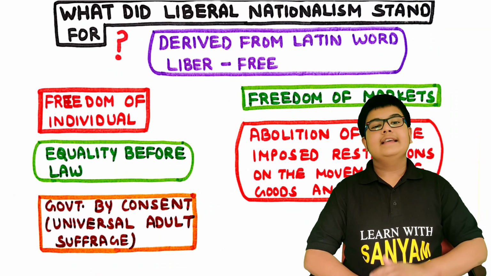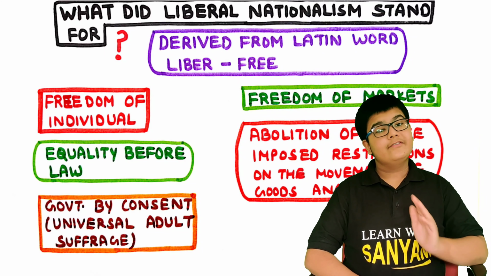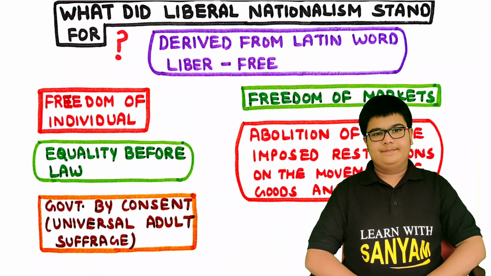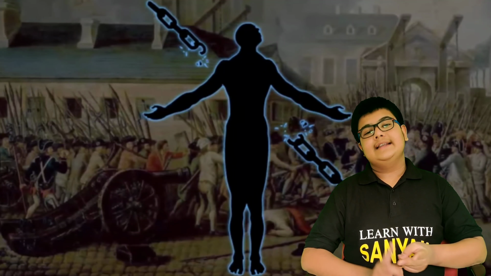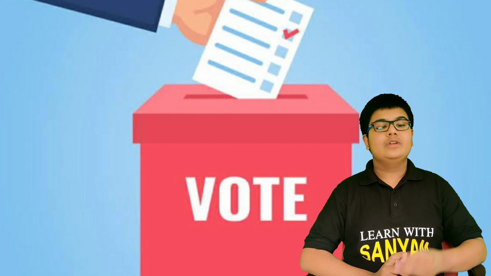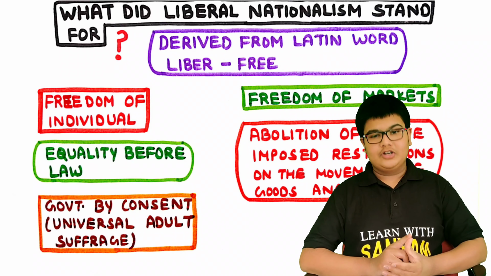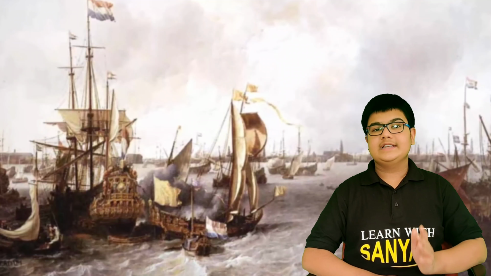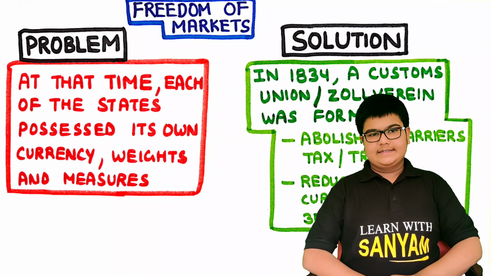The word liberal is derived from the Latin word liber, which means free. What did liberal nationalism stand for? It stood for the freedom of the individual, equality before law, and government by consent. This means that there should be universal adult suffrage, freedom of markets, and abolition of state-imposed restrictions on the movement of goods and capital. So, what is this freedom of markets?